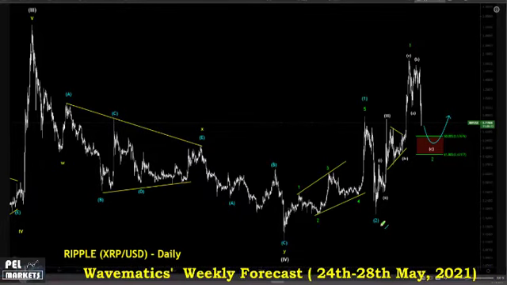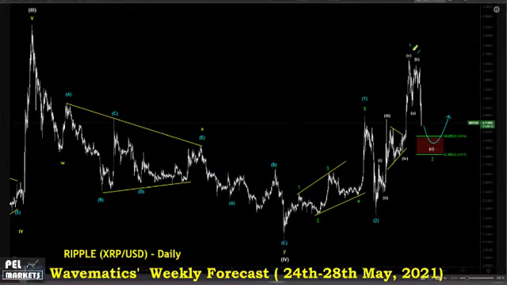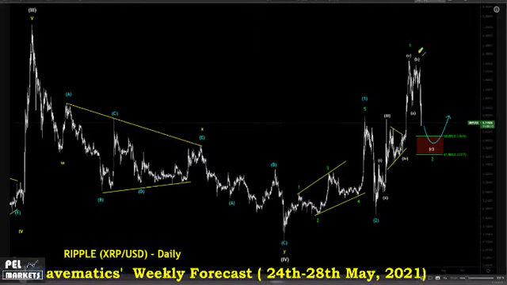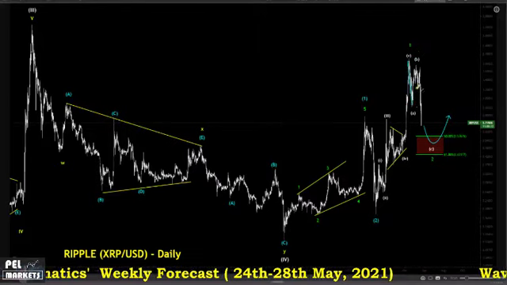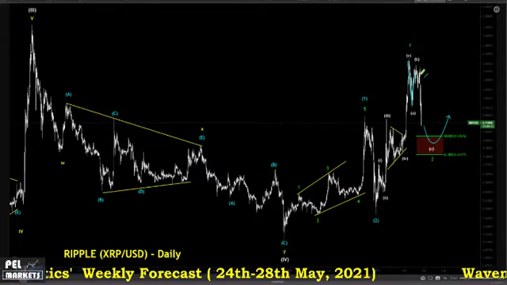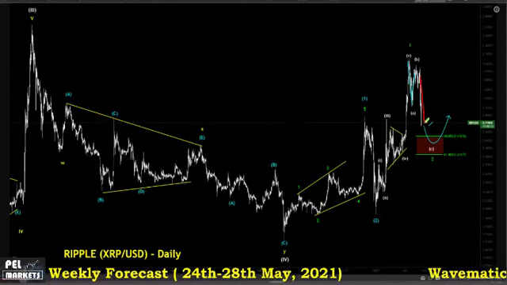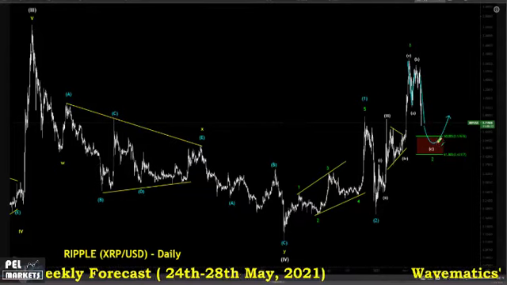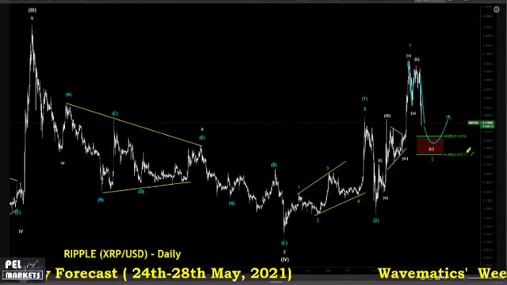Then we had a correction for blue wave 2, another spike up. So with the spike up, now we are looking at green wave 1, then price giving us an A, B, then a C. So the wave C is in progress. I'm looking at price getting into this fib zone of 50% and 61.8%.